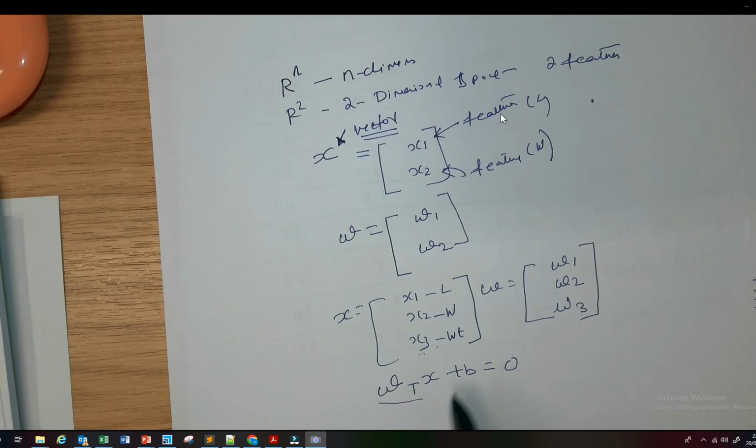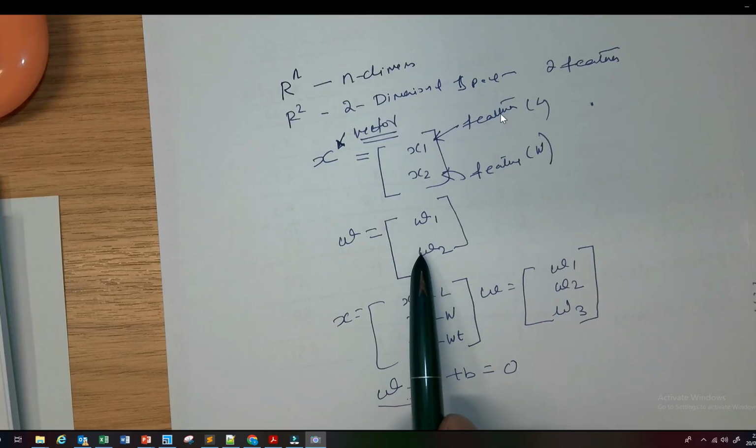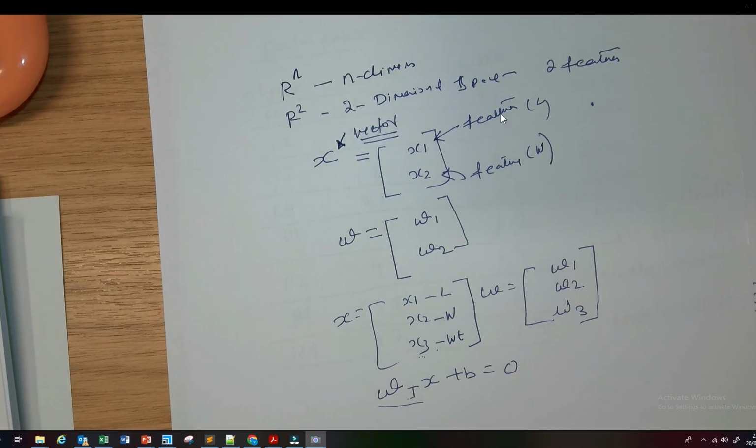So what does this w^T x exactly mean? When you take the transpose of this vector w, let's go back to this 2-dimensional problem, w1 and w2.